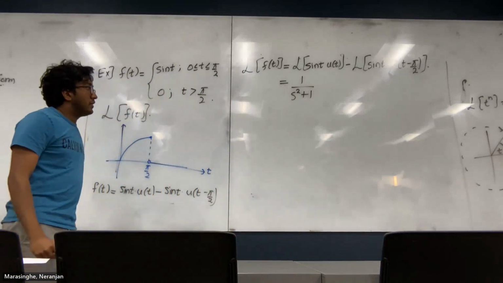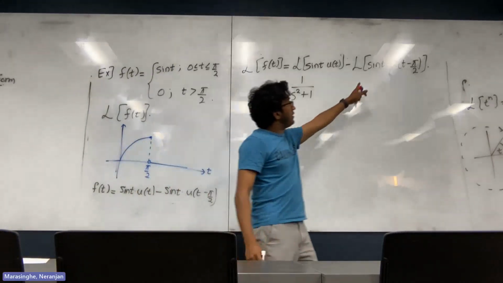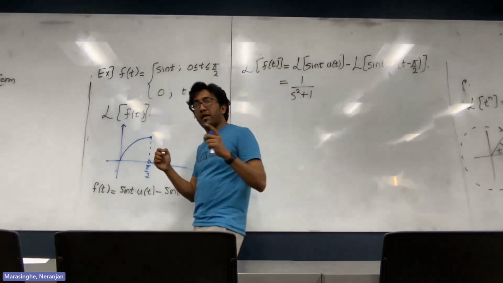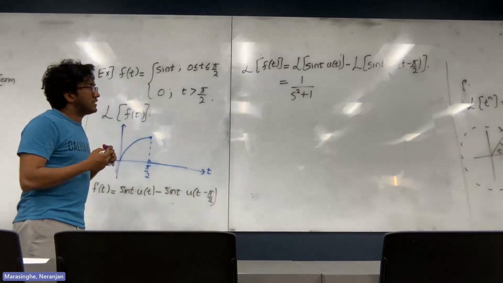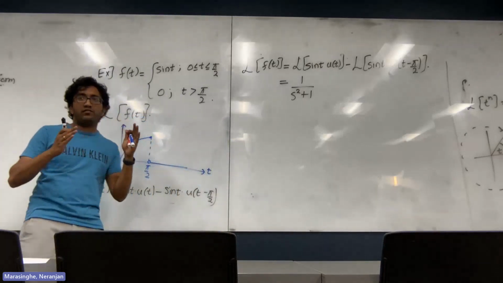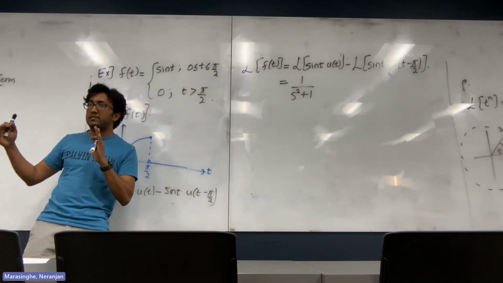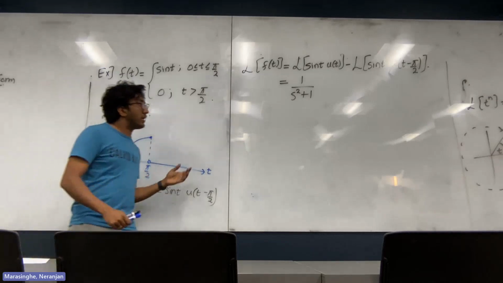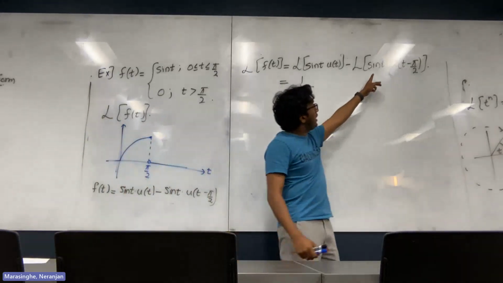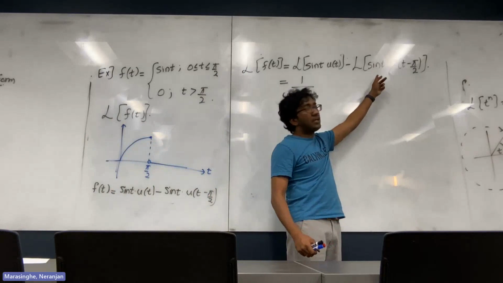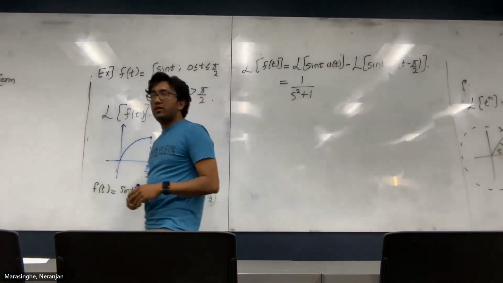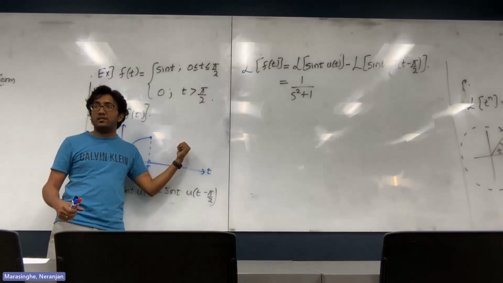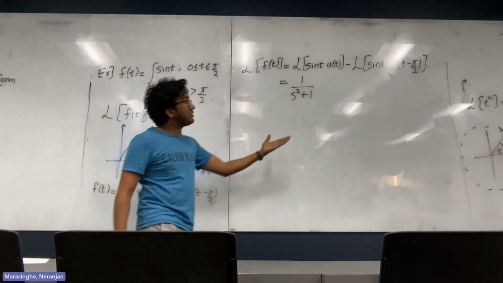Now again, to apply the second translation theorem, I need to have sin of t minus pi divided by 2. The second translation theorem says the Laplace of f(t minus a) times u(t minus a) is equal to e to the minus as times F(s). As in the previous problem, I need to make this t into t minus pi divided by 2. But in the previous example we had a linear function, and here we have sin t.